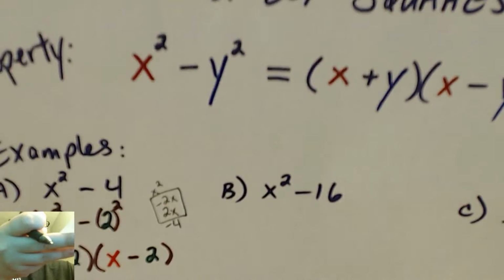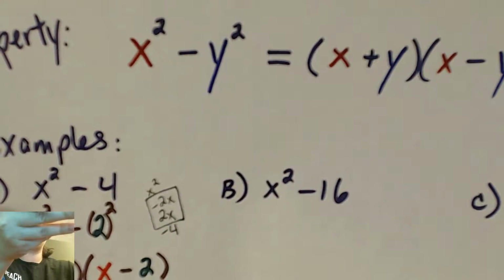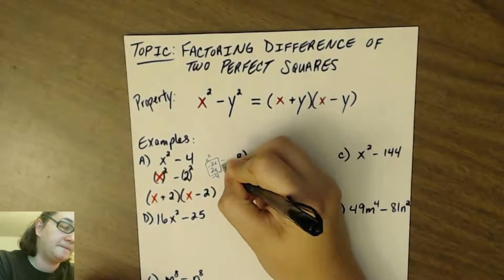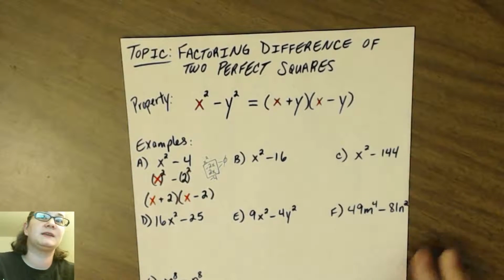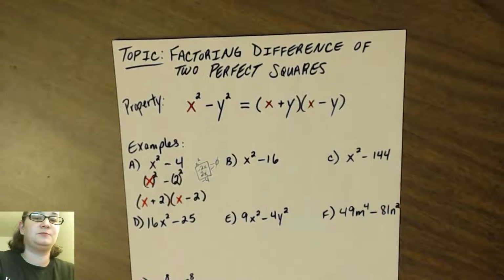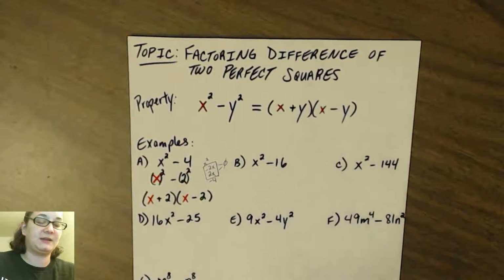Well, these two terms together, if I add a negative 2x and a positive 2x together, I get 0, because they cancel each other out. And that's the concept of a difference of two perfect squares. If I end up subtracting them, those middle terms cancel out.